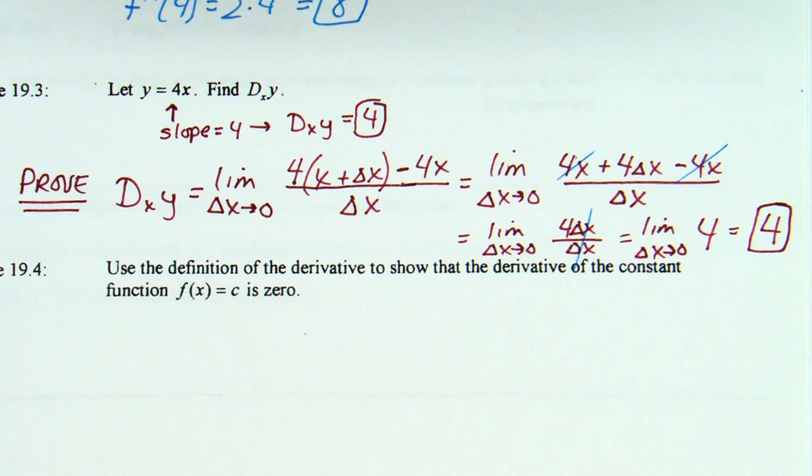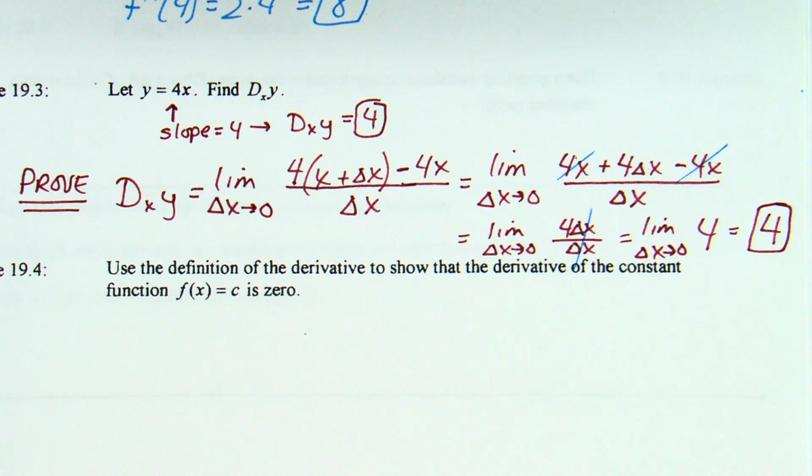So if f of x equals 4, that's the equation y equals 4. What's that look like? Horizontal line, right? Okay. Horizontal line. We're proving, by definition of derivative, the horizontal line has a slope of 0. Which, don't we already know that? We already know the horizontal line has a slope of 0. This is just the proof.